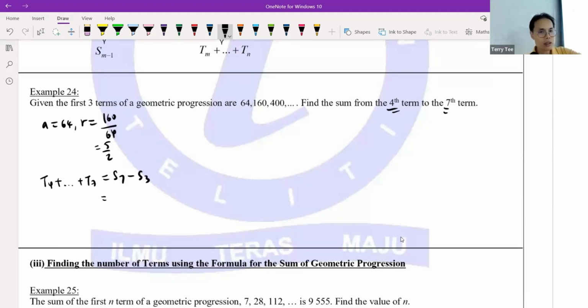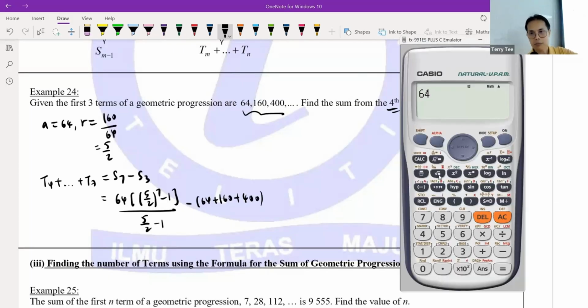Okay, so what is your S7? Use the formula for geometric, A(R^n minus 1) over R minus 1. For S3, you can use the formula, but I'm thinking actually it's easier to add this up, right? 64 plus 160 plus 400. Is it easier to add them up? So I just use a calculator, 64 bracket, this is 5 over 2 minus 1.